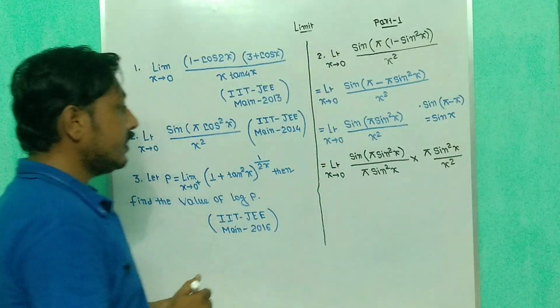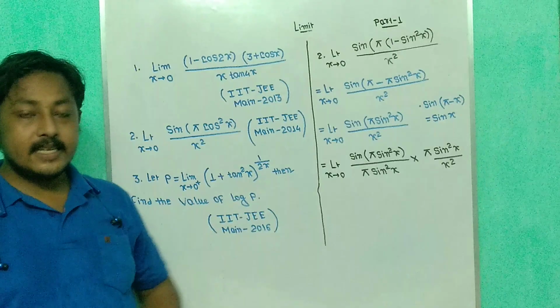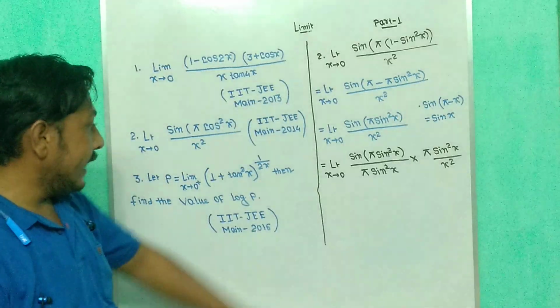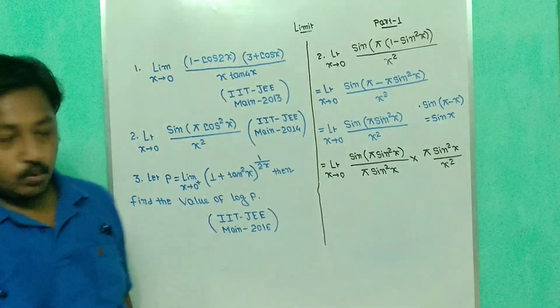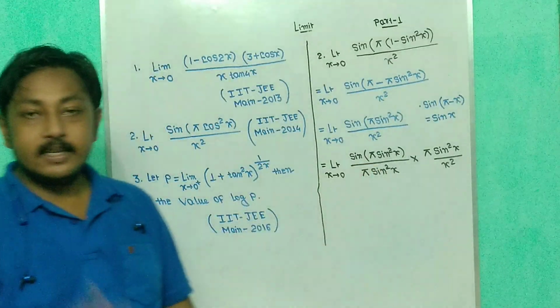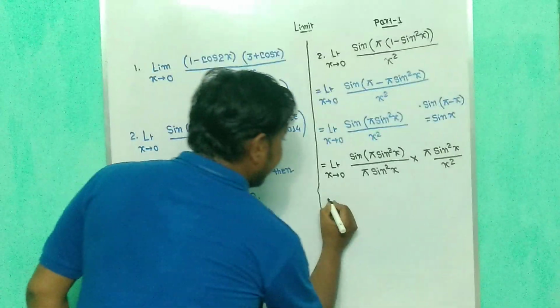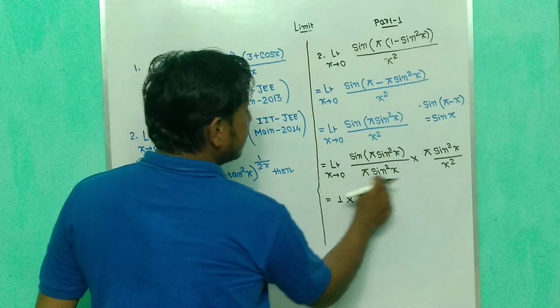See, suppose we think pi sine square x equals to p. Okay, and x tends to 0, that means p tends to 0. So limit p tends to 0 sine p by p equals to 1. So we can write 1. That means its value is 1.